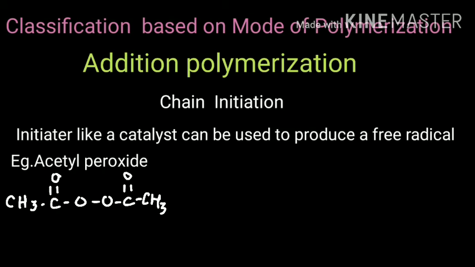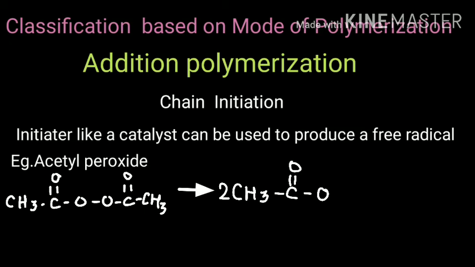We know that a bond corresponds to a pair of electrons. So if we break the bond between the two oxygen atoms, then each of the electrons will go to the oxygen, giving us two molecules of CH3C=OO, which forms the acetate.